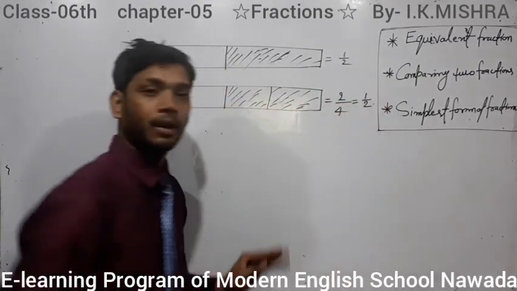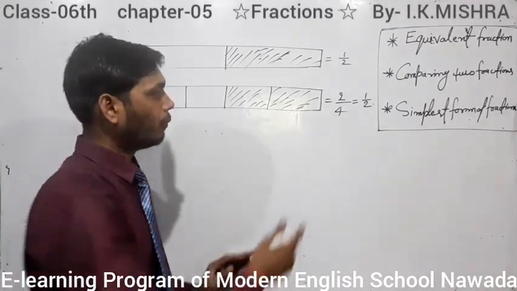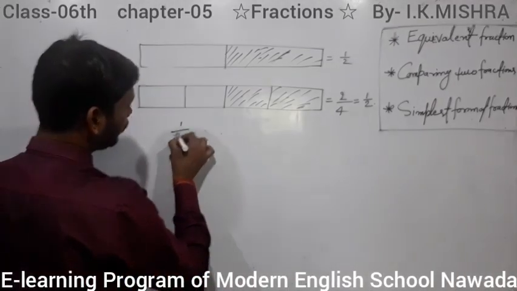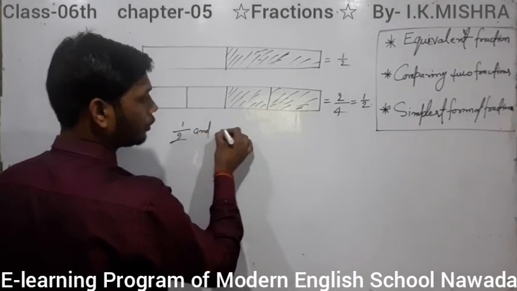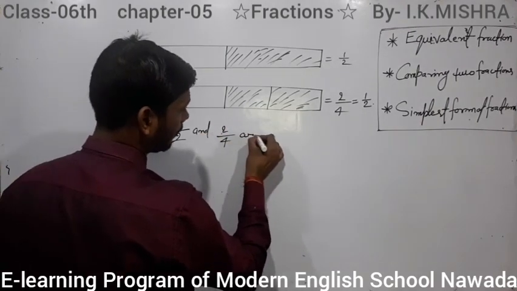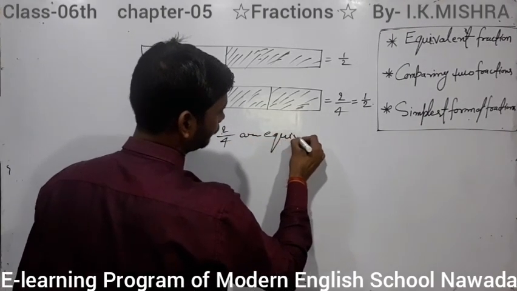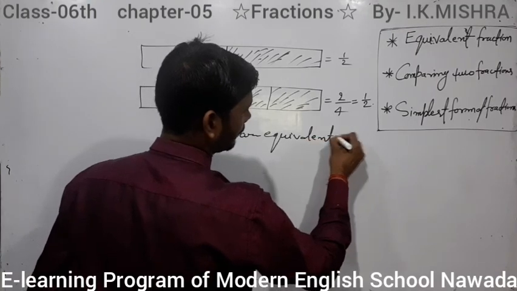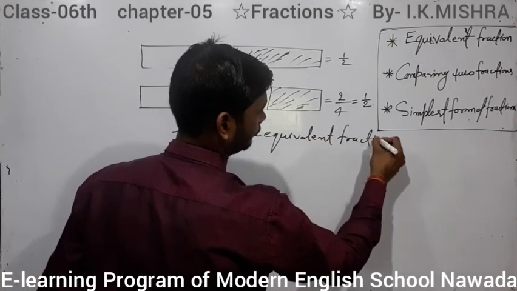That means both 1 by 2 and 2 by 4 are equivalent fractions.